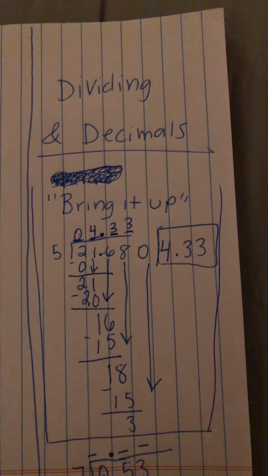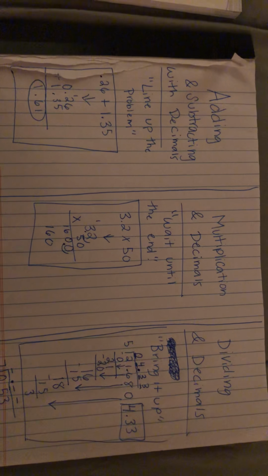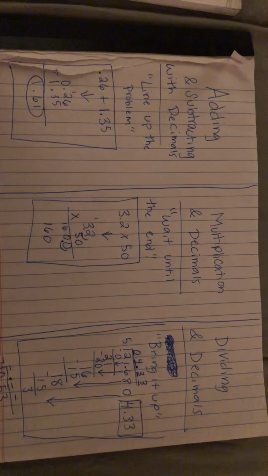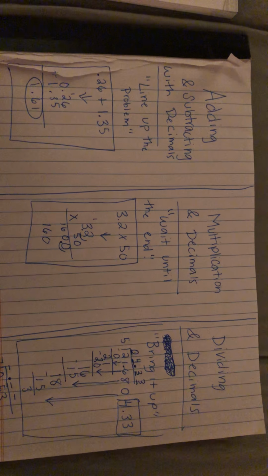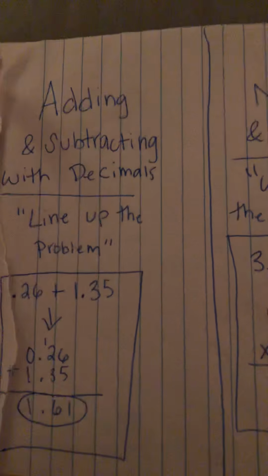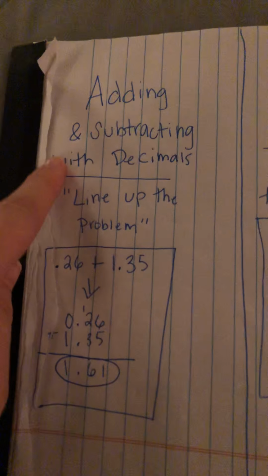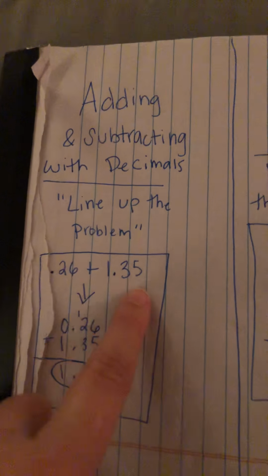And then as a review, I did an entire page of everything. I'm going to focus it and let you guys pause if you want to. I put our saying and then an example problem. For adding and subtracting, we learned our saying is line up the problem. For adding and subtracting, we have to line up those decimals.